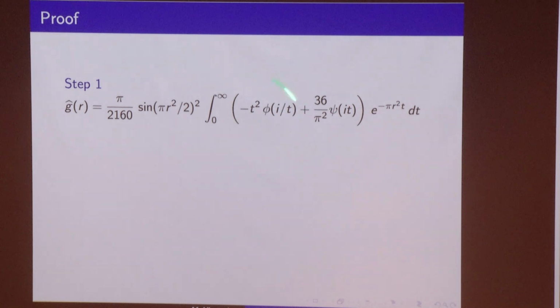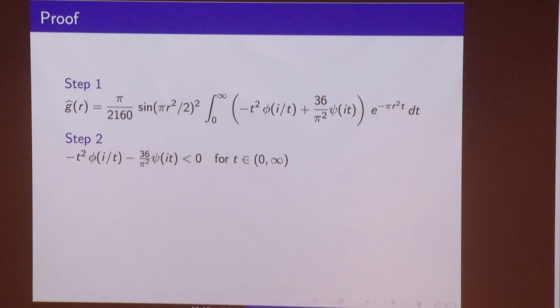Of course, this is true only formally. We have to justify this, but it can be done, it's not very difficult. So we can compute the Fourier transform of our function, and it is written in a similar way. The only thing that has changed here is the sign in front of phi.